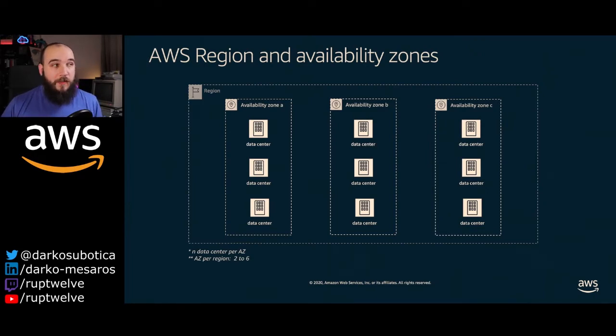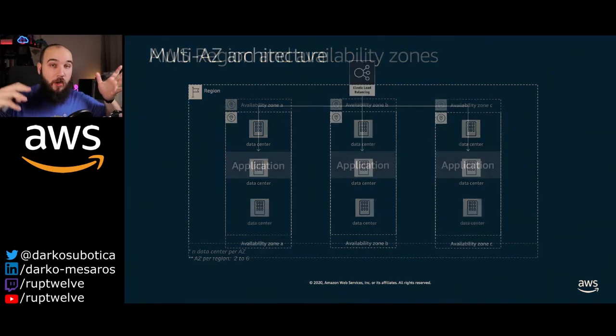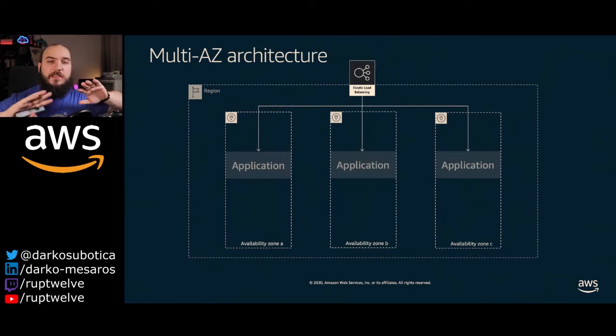And this way you can have an application that's spread across multiple availability zones. This is the default when we talk with customers and they say, I want a highly available application. Multi-AZ is the first thing you opt into, where you split your application workload, your databases, your EC2 instances, your servers, across multiple availability zones in the same region.